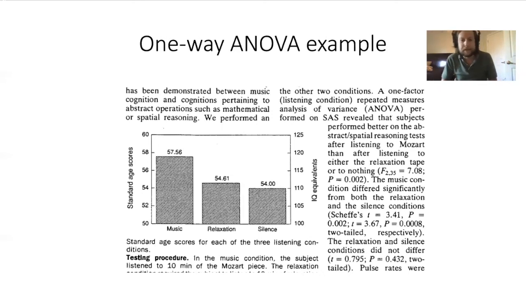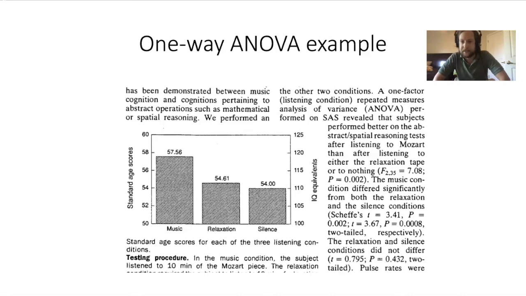In the music condition, people listened to a Mozart piece for about 10 minutes. It's a Mozart piece for two pianos. In the relaxation condition, participants listened to a relaxation tape, someone speaking, trying to get you into one of those relaxation meditation type of things.